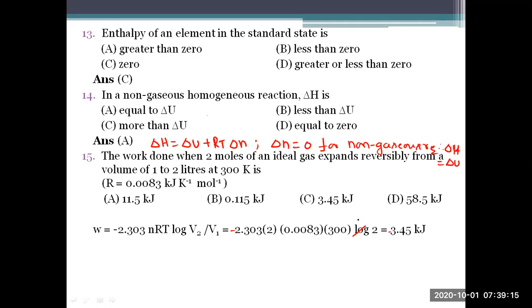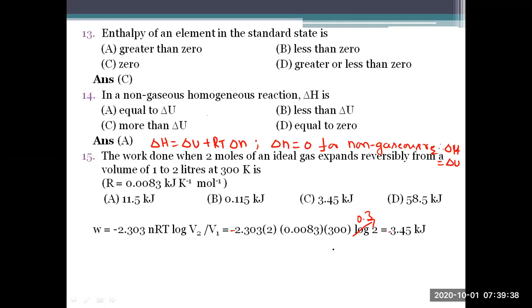This will be 0.3010, 0.3 you can take. When you shift the decimals, it becomes 3 into 0.83, which is approximately 2.5, 2.5 into 0.3 is 0.75, and into 1.5 of this is 3.45. No problem.